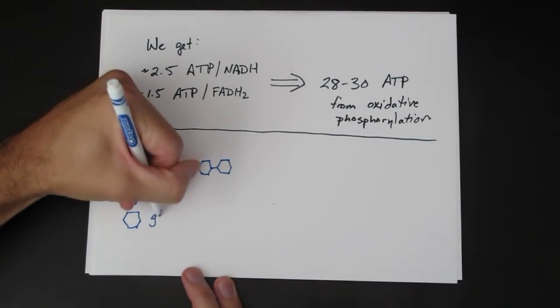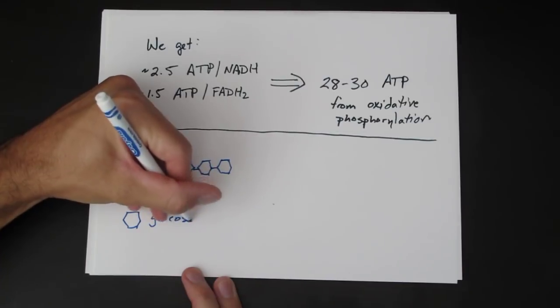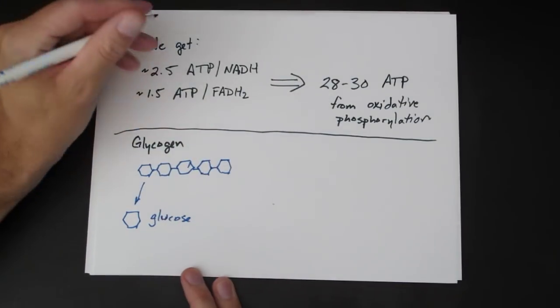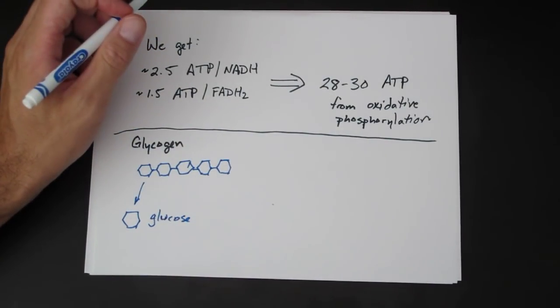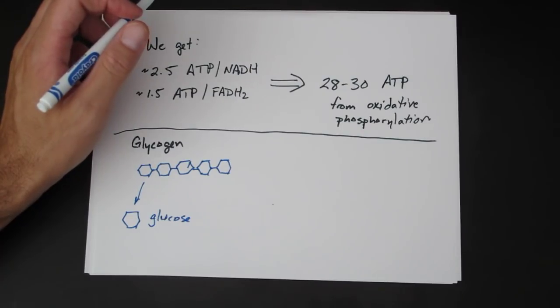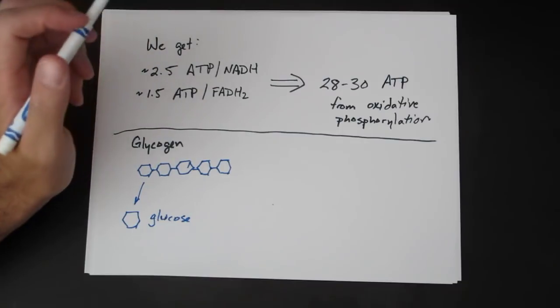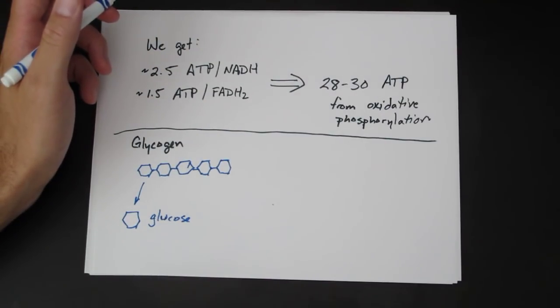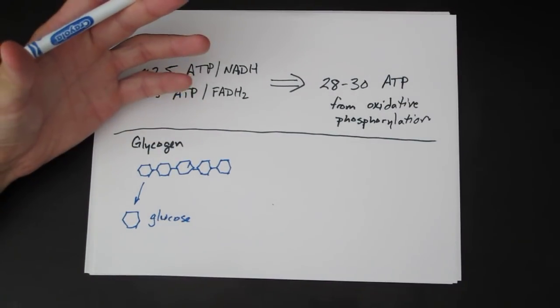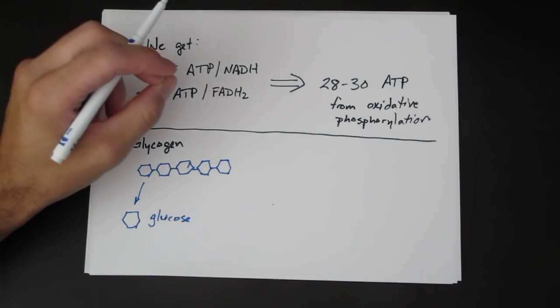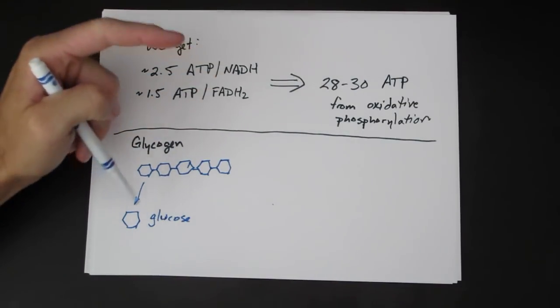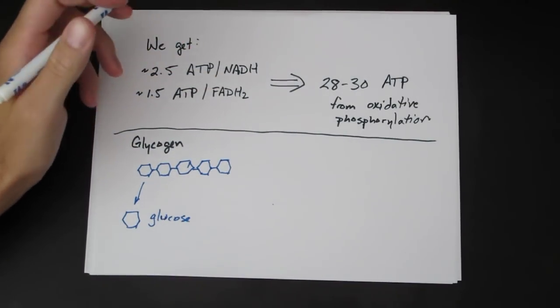So here's our glucose. And we've talked extensively at this point about how glucose enters anaerobic glycolysis. I said that I wasn't that focused on the intermediaries, but there is one that I want to mention here really quickly, and it happens to be the first step of glycolysis.